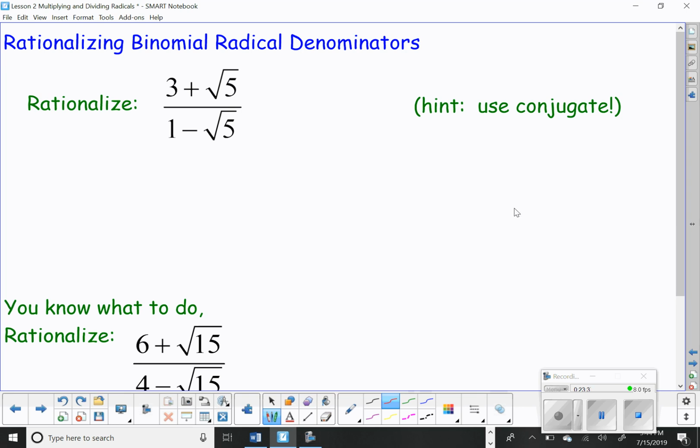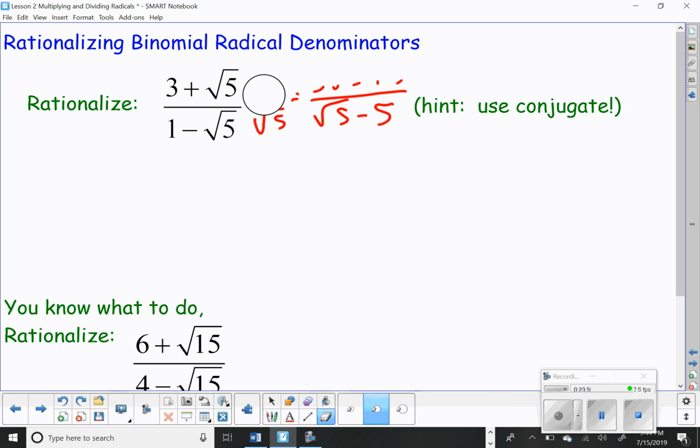Rationalizing binomial radical denominators. Now here, notice, if I just multiply by square root of 5 over square root of 5, I'm going to get 3 root 5 plus 5 over root 5 minus 5. That did not get rid of the radical in the denominator, and it really just made it more complex.